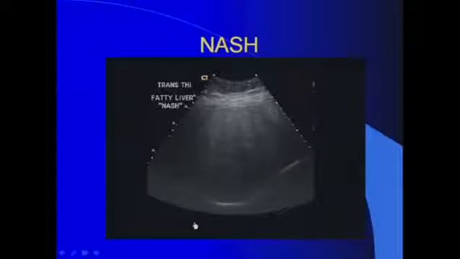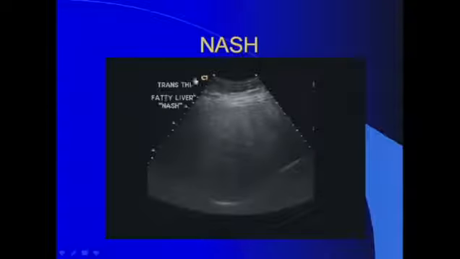Now, in this example, we call this NASH because this fatty liver is showing evidence of increased attenuation of sound through this fatty parenchyma, with significant loss of the normal architecture of the vascular and biliary tree anatomy.